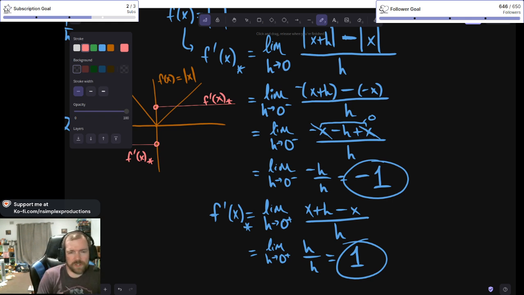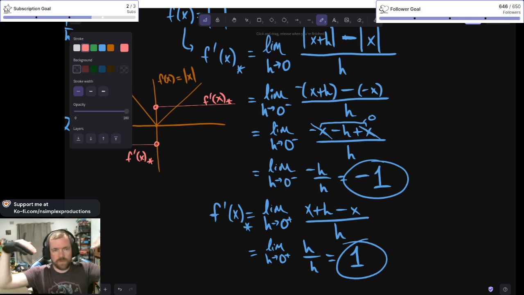If you tried to measure the slope at x equals 0, you've got conflicting answers coming in from both sides.